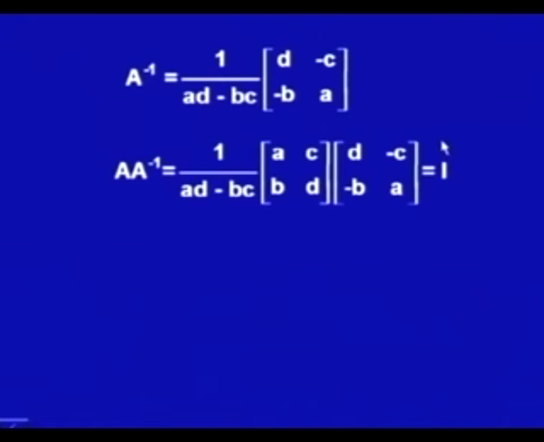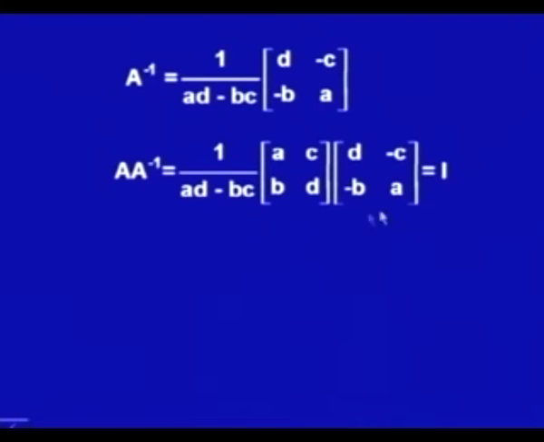In the first row, second column, we have A B minus B A, which cancel out to give 0. Similarly, C D minus D C gives 0 in the second row, first column.